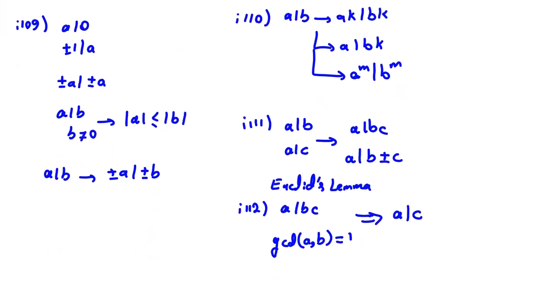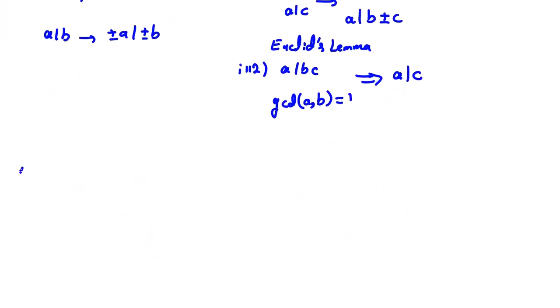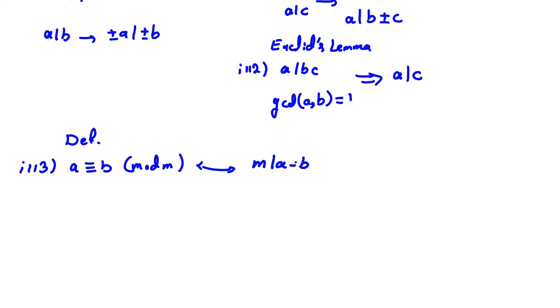Okay. And let me tell you about idea 113, modular arithmetic. If A is congruent to B mod M, we also have some other properties. If you want to know all of them, as I said before, feel free to send a message to my WhatsApp number in the description. The definition is M divides A minus B. Idea 114 is like equality.